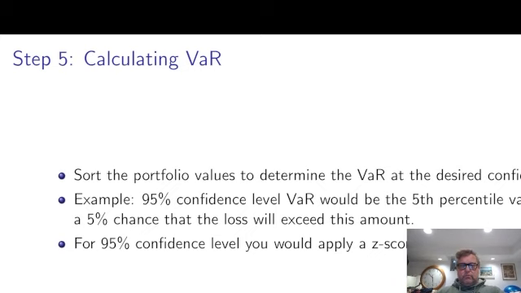And you can, for example, now calculate the 95th percentile confidence level, which would be a 5% chance that the losses will exceed this amount. And for the 95% confidence level, you would apply a z-score based on the formulas that we previously had.